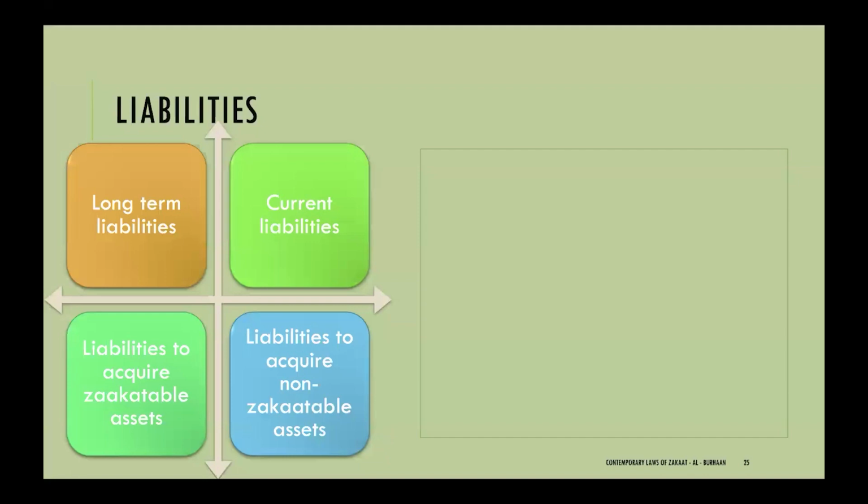Now, some of the differences when it comes to liabilities is looking at current versus long-term liabilities. So that's one issue. And then there's also the issue of, have the liabilities been used to acquire zakatable assets or non-zakatable assets?